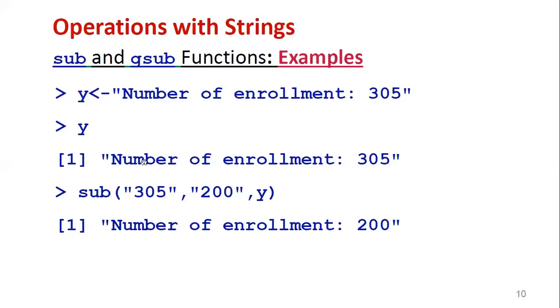Now this old is 305, and it is replaced with the new, the second one, 200. Now 305 is replaced with 200. From where? Y is the string.